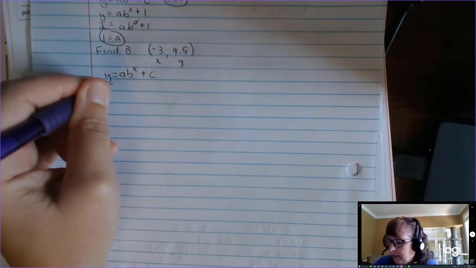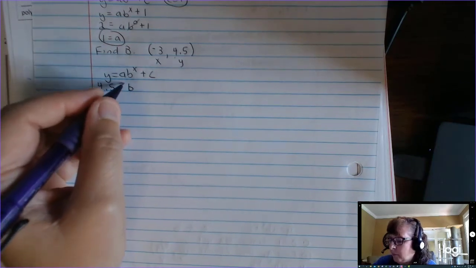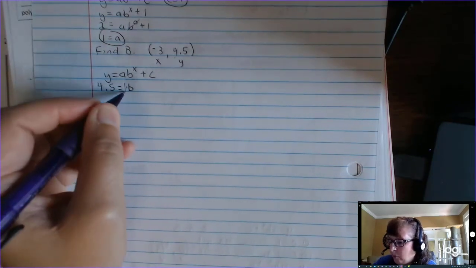Anyway, we're going to plug into y equals ab^x plus c, and we're going to put 4.5 in for y, and a is 1, and b we're looking for. So I'm just going to put b, 1 times b. Well, I won't do that because that's a bad habit. 1 times b to the -3 plus 1.